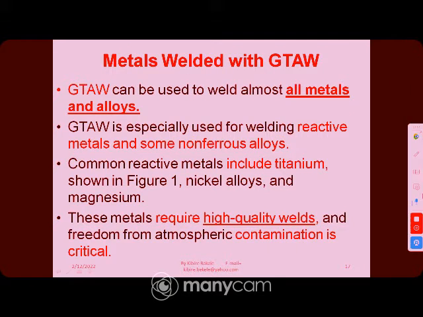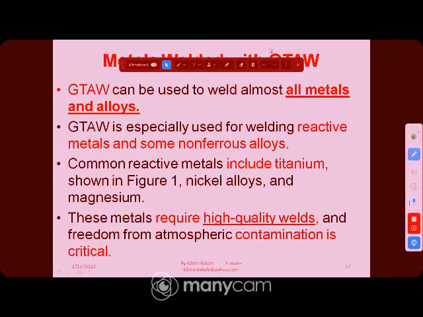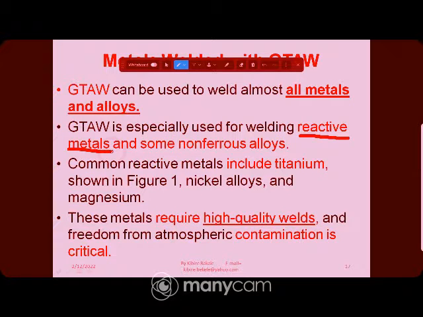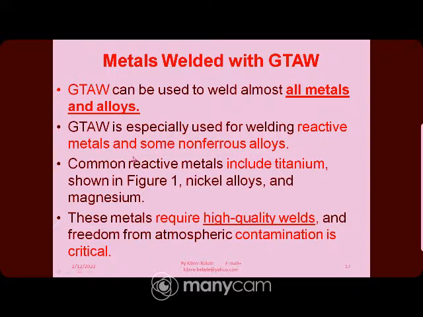This is the main important application area, because as we already discussed, it's a costly process, but there are materials which are difficult to weld using other arc welding processes, like reactive metals. Some non-ferrous alloys are also not simply welded by other welding processes. So our concentration to use this welding process is around this area.